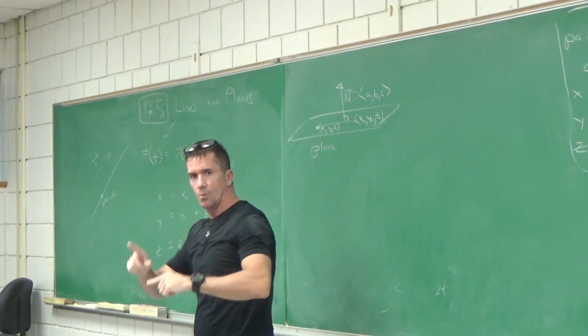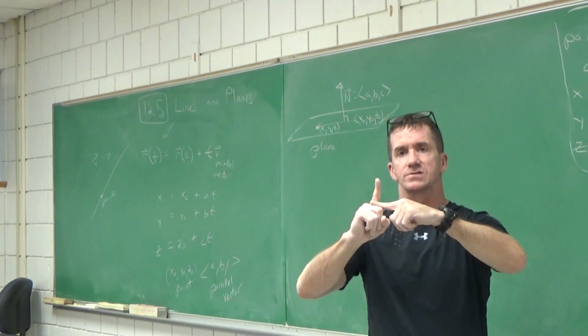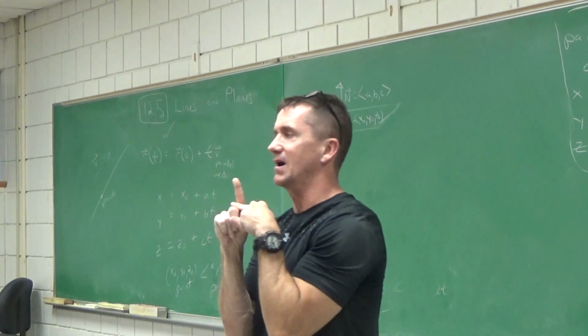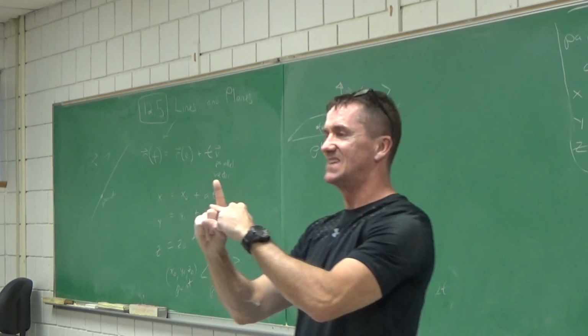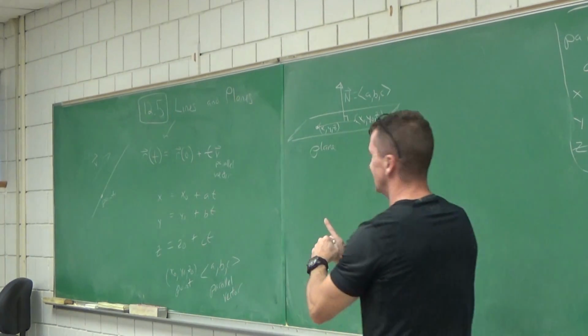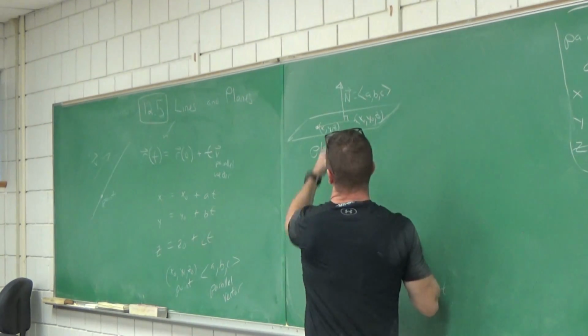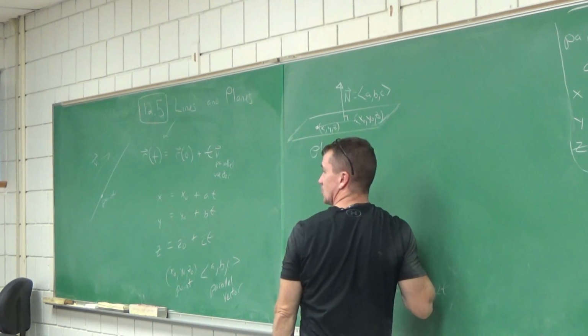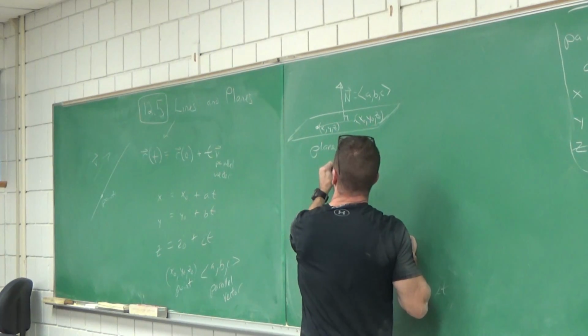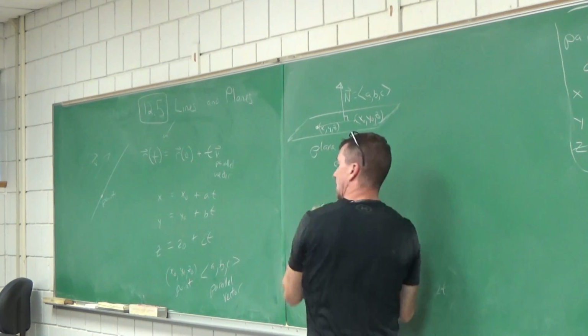Now, what do you know about 2 vectors that are perpendicular to each other? The dot product is 0. So we use the dot product repeatedly to describe equations of planes. Because what's going on here? It looks like this vector dot this vector equals what? That's how we do equations of planes. So here it is. n dot p equals 0. Dot product equals 0.